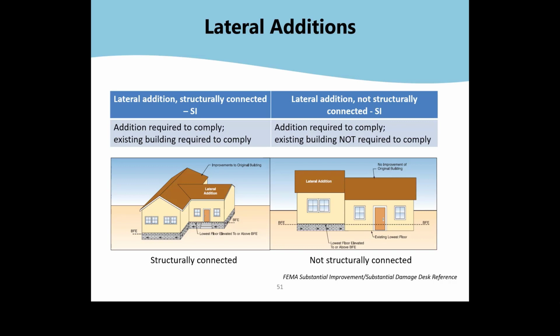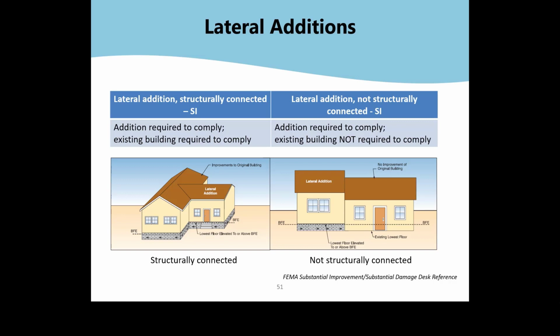So in a situation like that, the addition and the existing building would be required to comply with your community's current floodplain ordinance requirements. So in this case, you'd be elevating the lowest floor of both the addition and the original building to the base flood elevation, or whatever the required elevation would be, adding compliant flood openings.